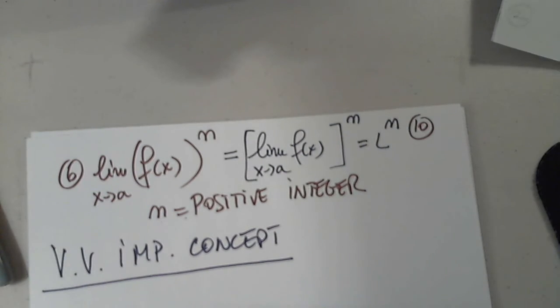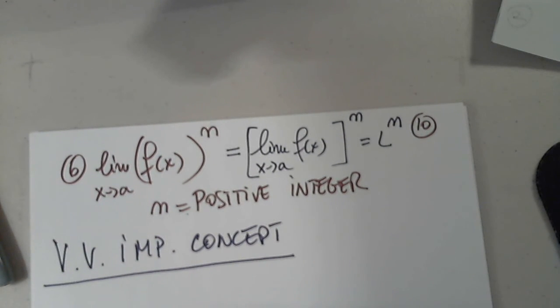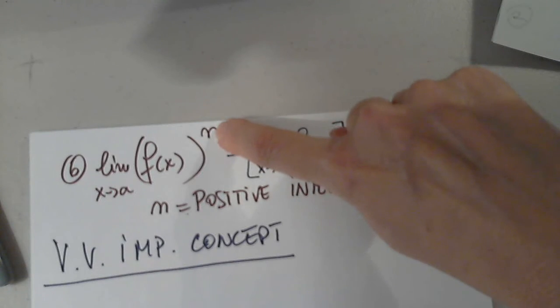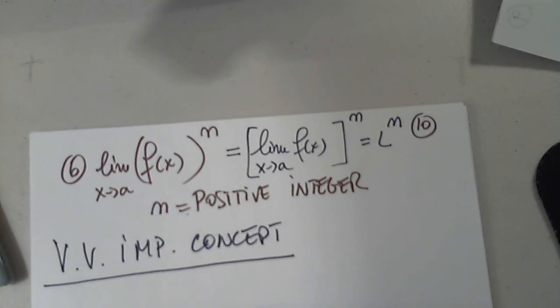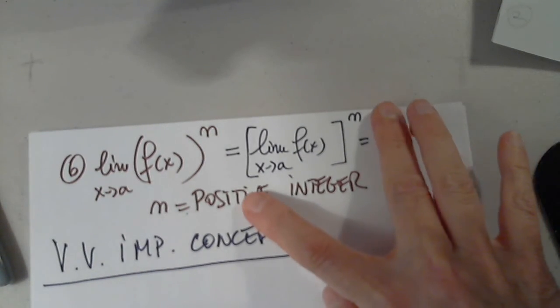What did I really do here? With this operator and this operator, what did I do to get this?